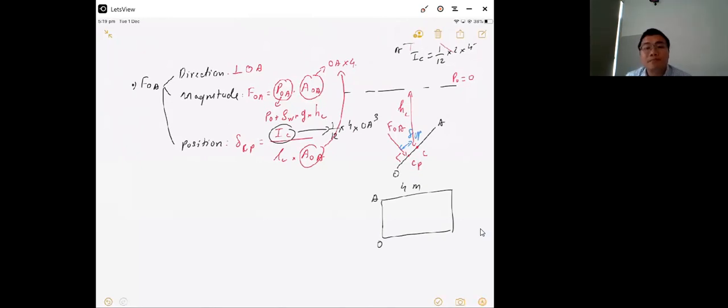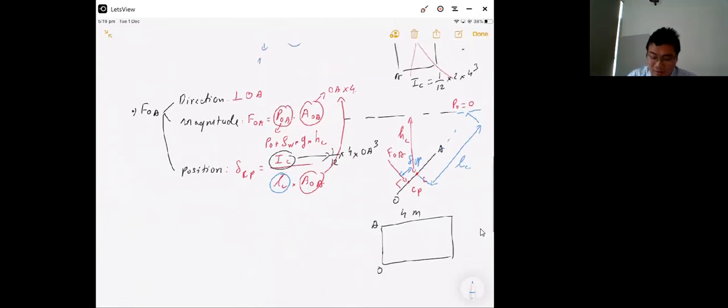Okay, but the difference here is this one, LC. LC, as I said, is a distance from C to pressure is 0 G in OA direction. So LC here, not in vertical.